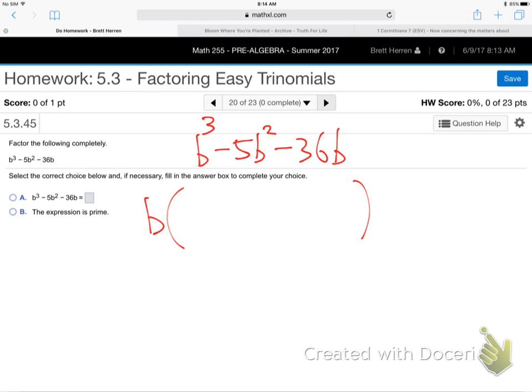Does that make sense? Remember when they have a letter, you take the lowest power? Well, the lowest power is B to the first, or just regular B. Remember that, when they all have the same letter? Take the lowest power out.